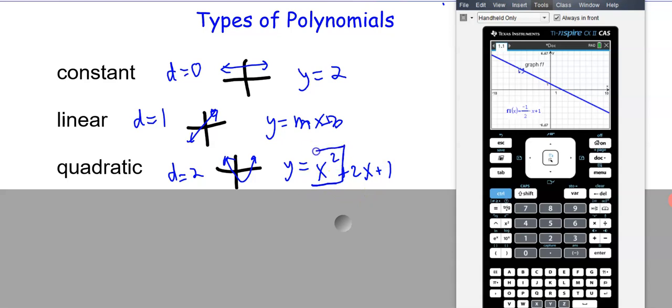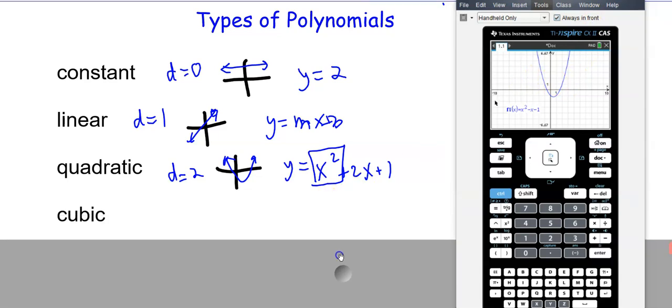The main thing is this is second degree, because the largest degree term is to the second power, x to the second power. It doesn't really matter what I put here, minus x, minus 1. It's going to be a parabola-shaped graph when it's degree 2, when it's a quadratic. They all have that same look.